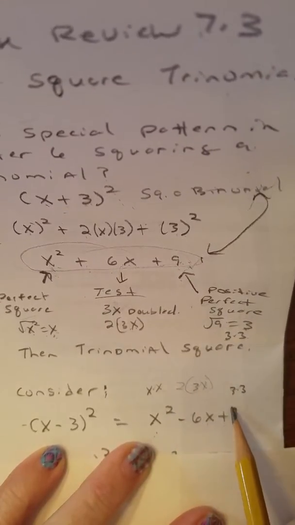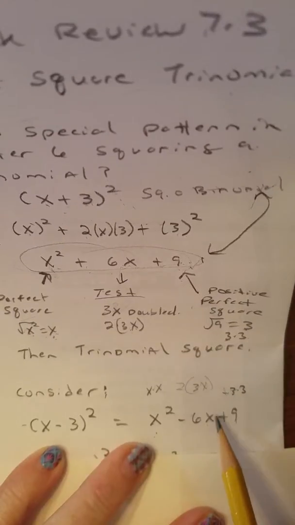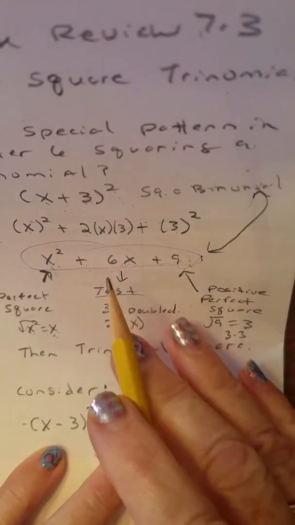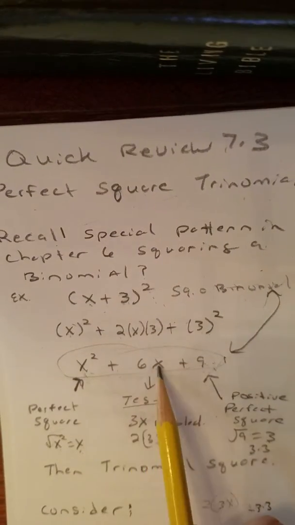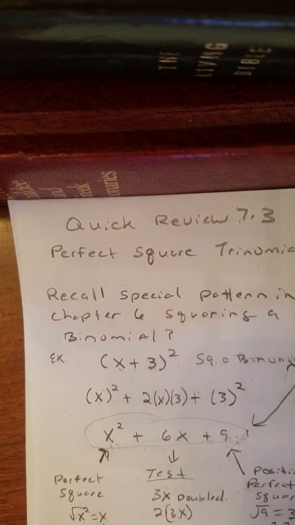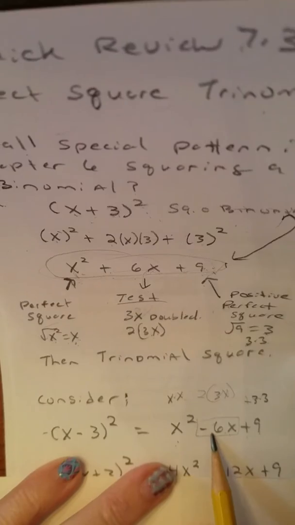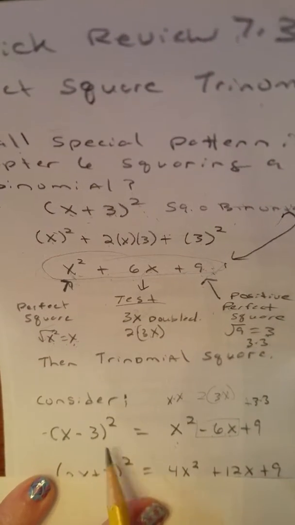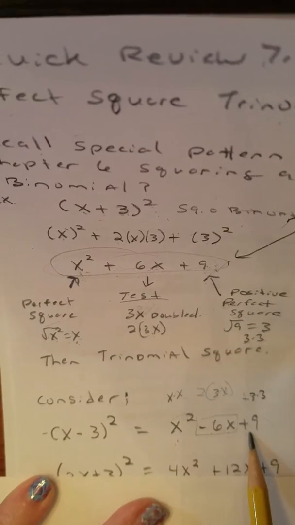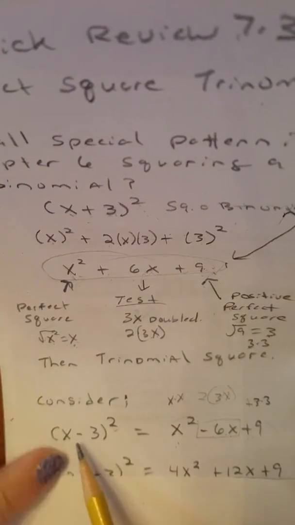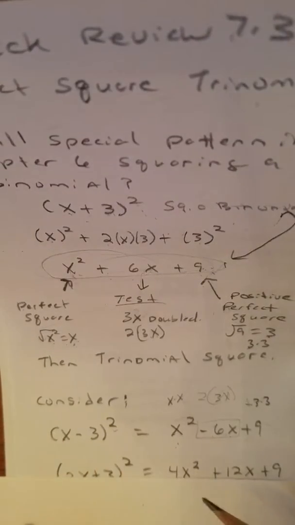But notice the middle term here is a negative 6x, and the middle term here was a positive 6x. Since this is positive, we ended up with x plus 3 squared, but since this is negative, we're going to get x minus 3 squared. So this here is a perfect square trinomial, and it factors into x minus 3 squared.